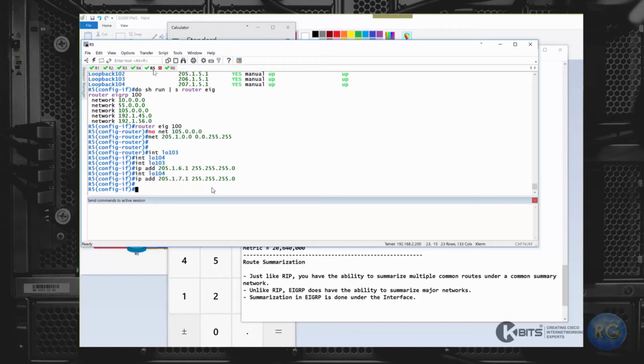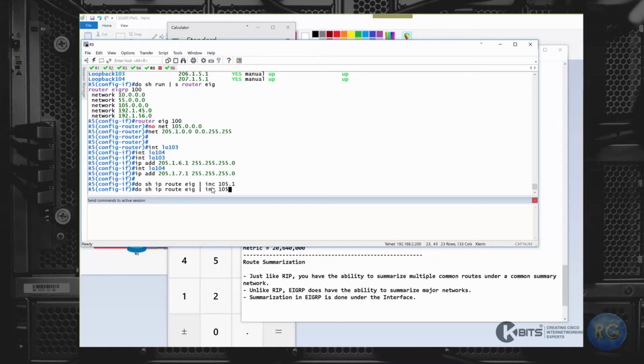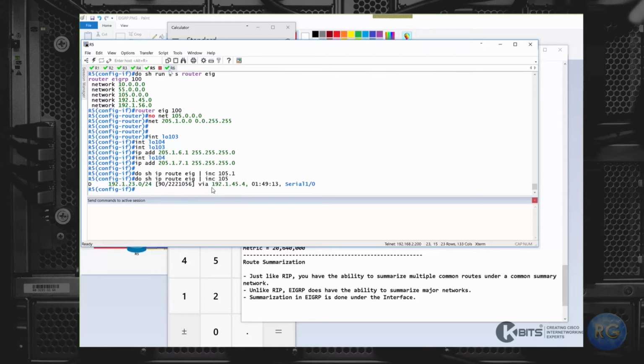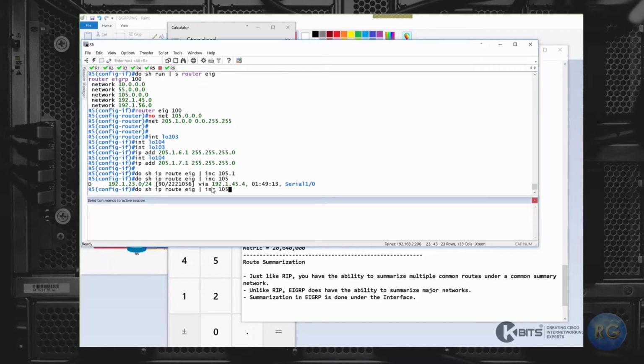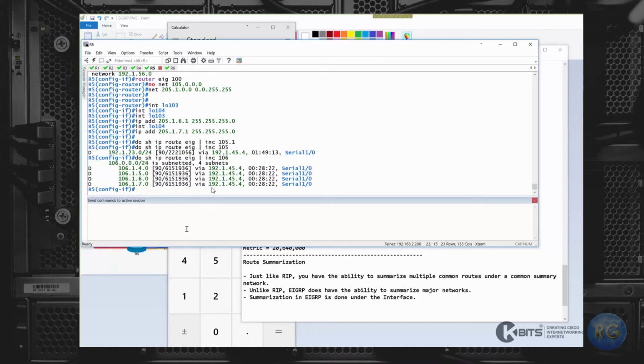On router 5, I should see 106 routes coming in. Right? I want to summarize these 106 routes. How do I do it?